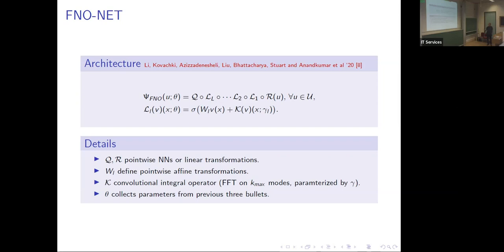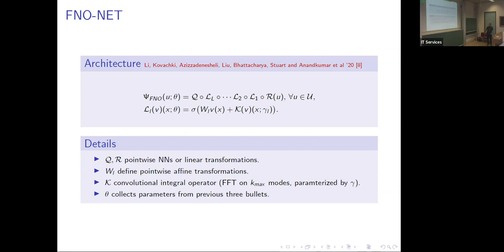This Fourier neural operator has the basic ingredients that you would use in a pseudo-spectral time stepper, but puts them together in a different way and represents the operator that maps the initial condition to the solution in a very efficient way. The basic ingredients are a combination of pointwise neural networks.